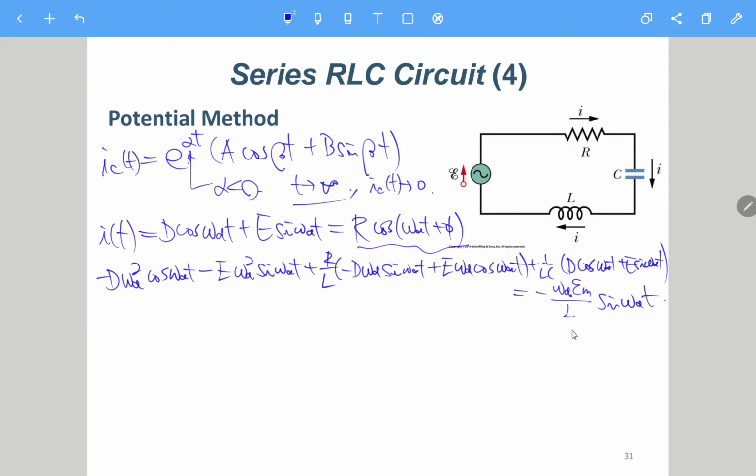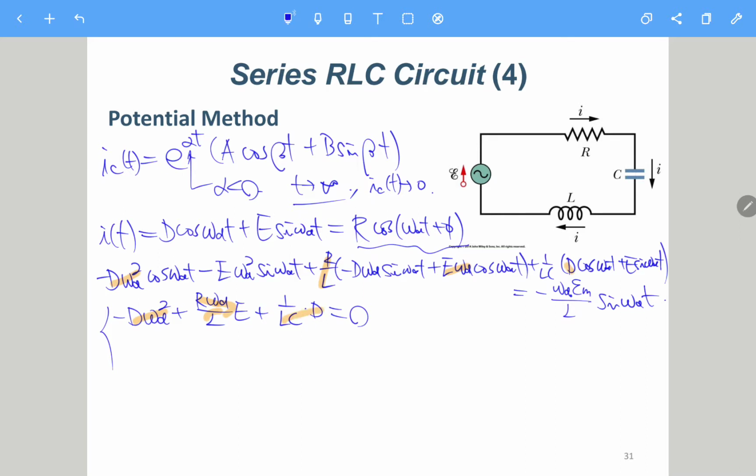So we can just collect the terms and then compare the coefficients. For the cosine, it should be 0. So negative D omega d squared plus R omega d over L times E plus 1 over LC times D equals 0, which means this term is here, this one times this one is here, and finally this one corresponds to this term.